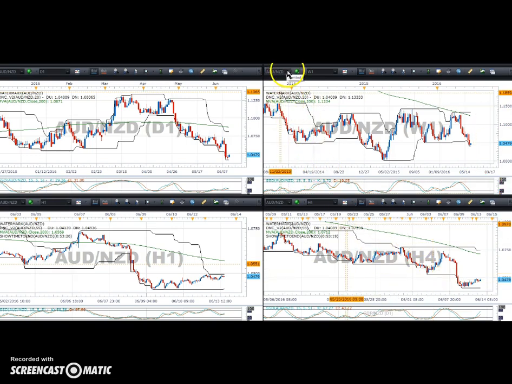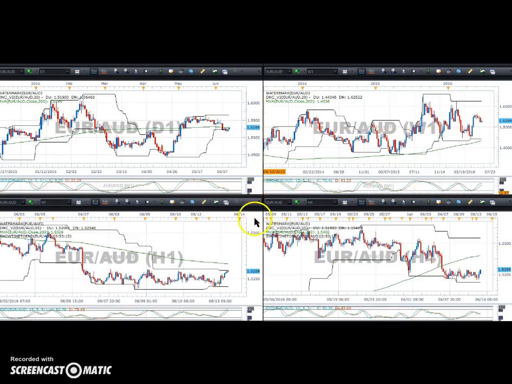On the Euro-Aussie pair, I identified something that I'd like to show you, which is a little different than Donchian strategy, but something that I'm sure you're familiar with, and that's range trading. And forget the Donchian channels for a minute on this, but we can see on the weekly chart, the pair has been oscillating up and down and up and down, and it's been making lower highs, but not necessarily lower lows.